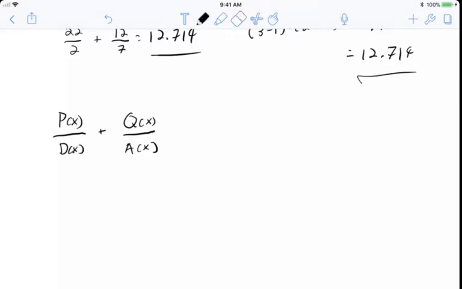So it becomes p of x times a of x over d of x times a of x.